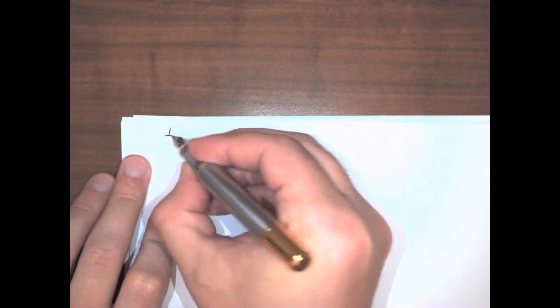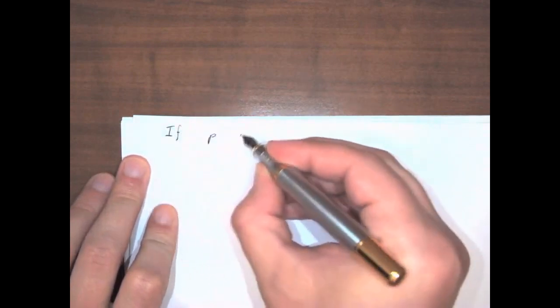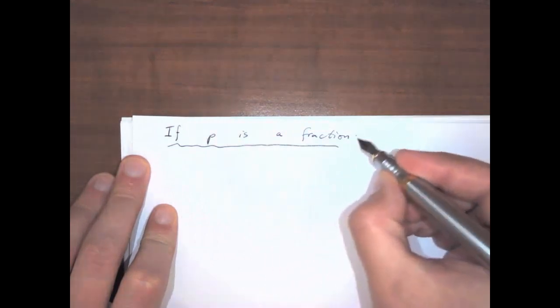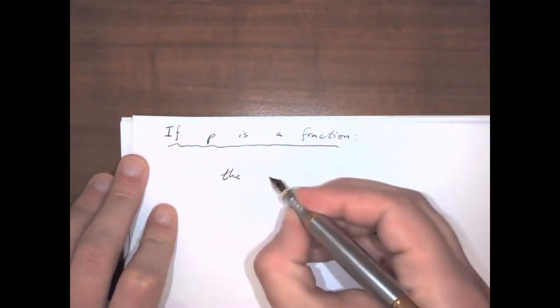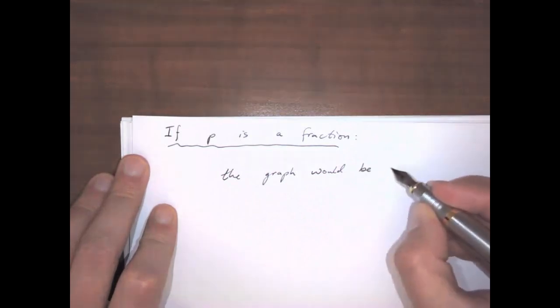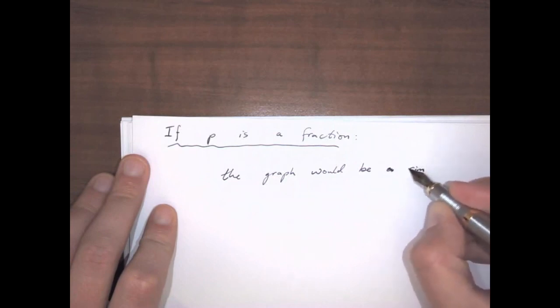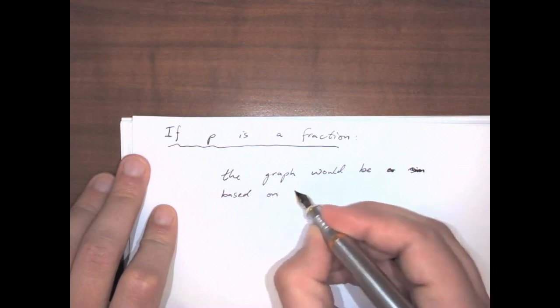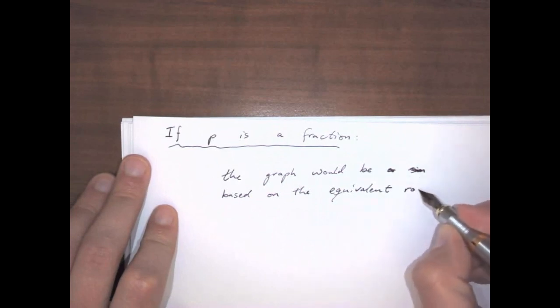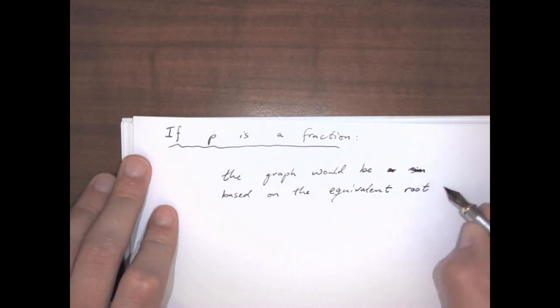So if p is a fraction, then the graph would be based on the equivalent root expression.